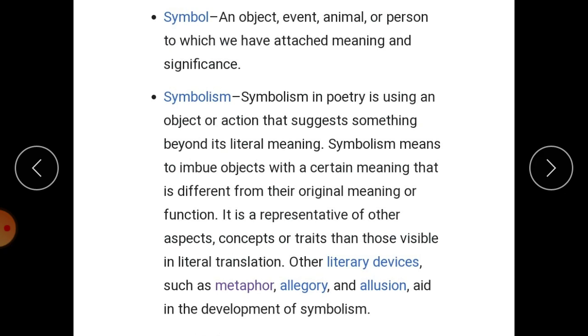Symbolism means to imbue objects with a certain meaning that is different from their original meaning or function. It is a representative of other aspects, concepts, or traits than those visible in literal translation. Other literary devices such as metaphor, allegory, and allusion aid in the development of symbolism.